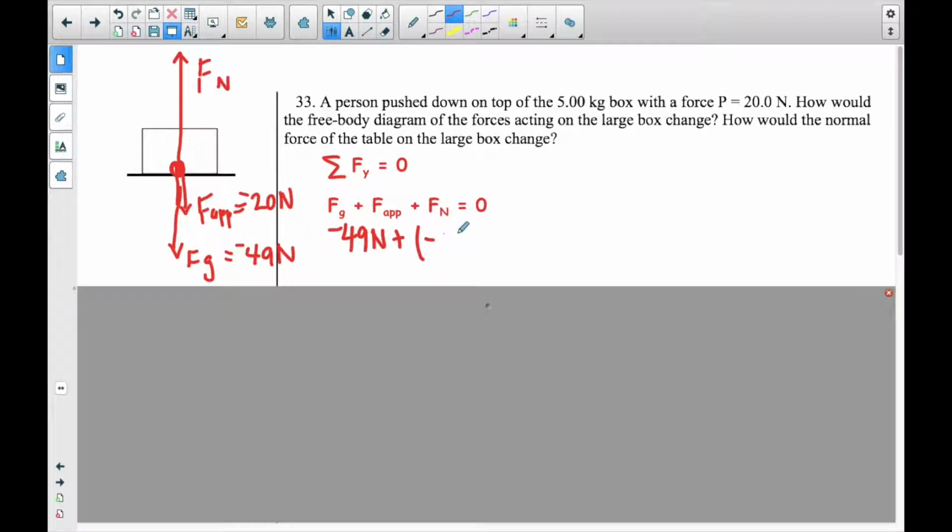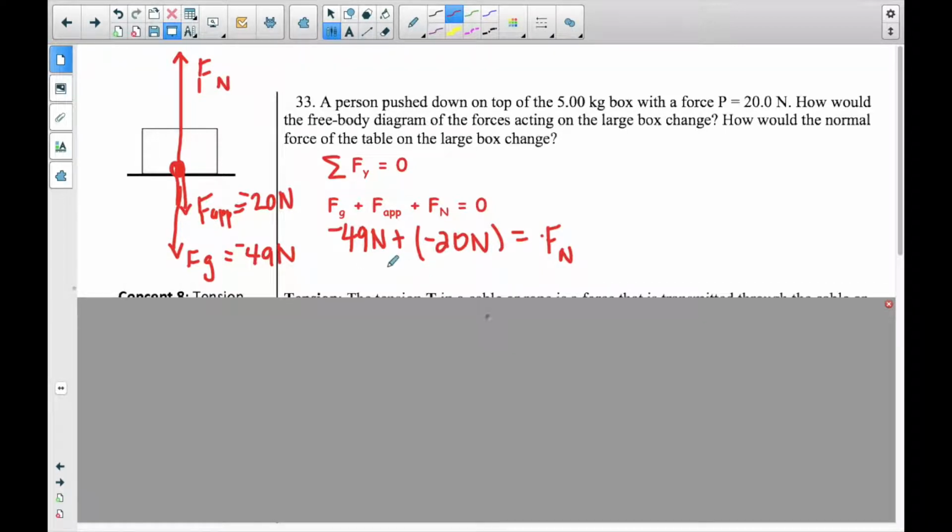My applied force is negative 20 newtons. And if I move my normal force to the other side, that's going to be the opposite of my normal force. If I add these together, I get negative 69 newtons equal to the negative of the normal force. And so that means my normal force is a positive 69 newtons.